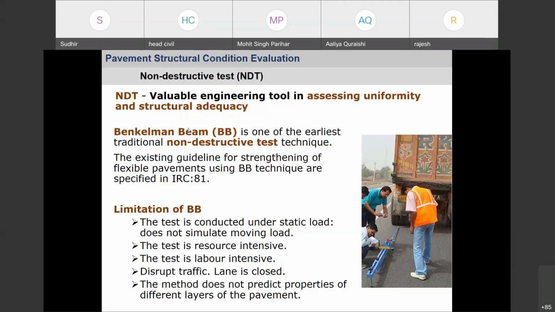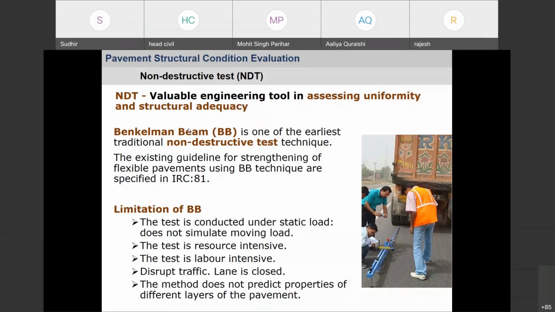So there are few popular non-destructive testings that we use in pavement evaluation. In India, we popularly use Benkelman beam test, which is one of the earliest and traditional non-destructive test techniques that is used, right?